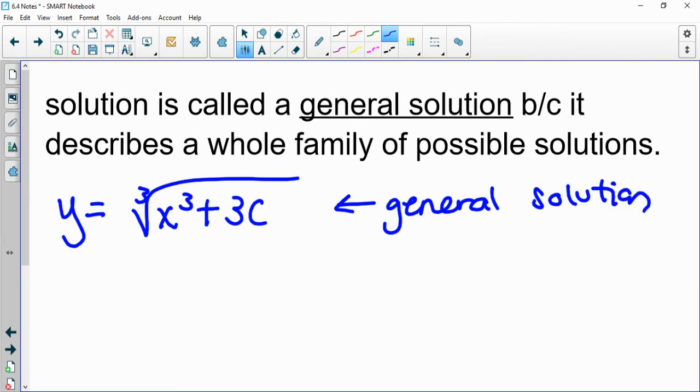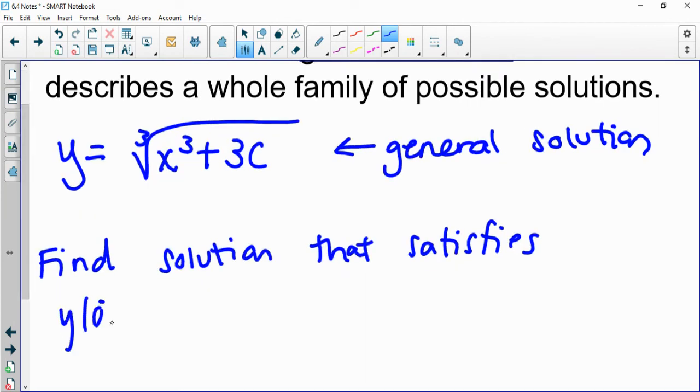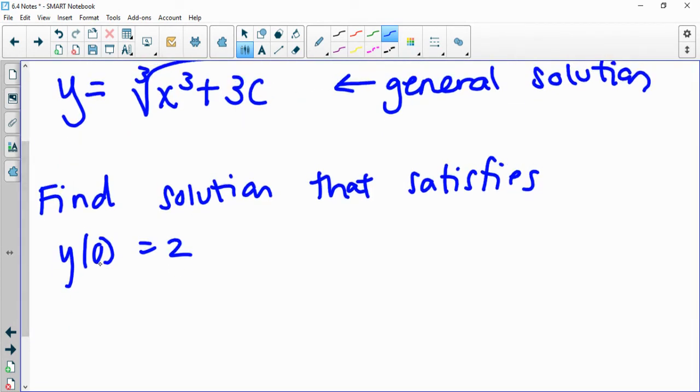Now, however, let's say that I took this equation and I wanted to find the solution that satisfies y of 0 equals 2. Okay, so then we would say, all right, that means y, where x is 0, equals 2.